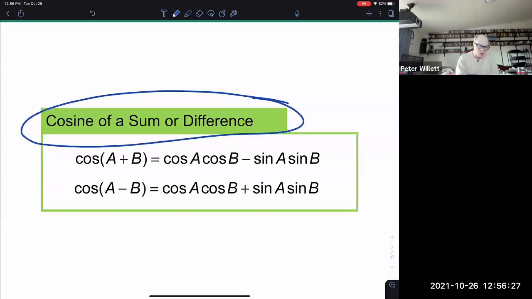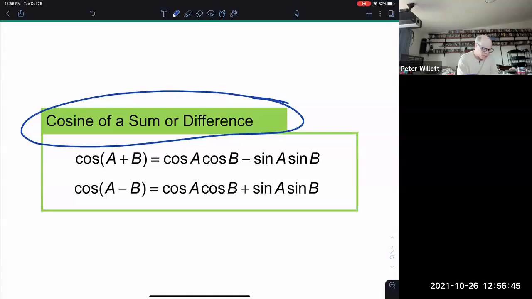We could try to see what this says and check it ourselves by evaluating whether it makes sense with angles that we know, for example. We're going to see this in action a couple of different ways.